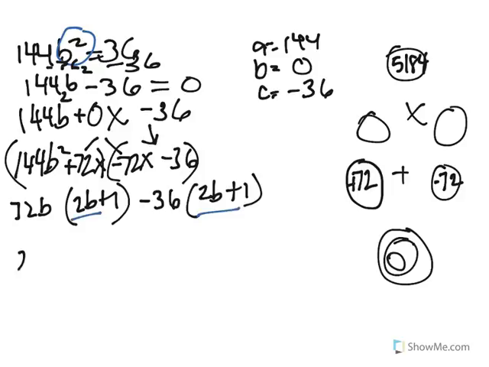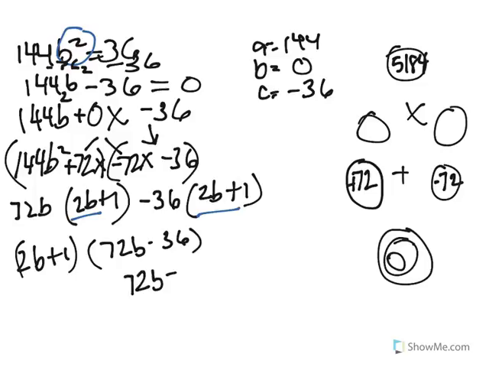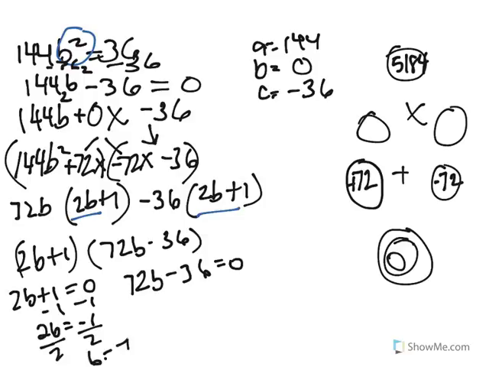Okay, so our first term is going to be 2b plus 1, and our second term is going to be 72b minus 36. Okay, so let's set these both equal to 0. b equals negative 1/2.